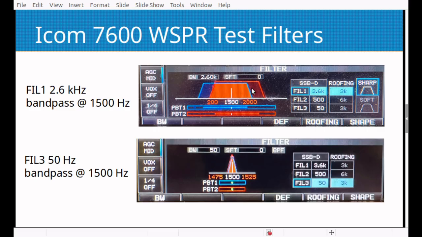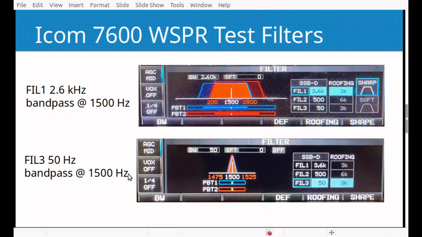So since we're working with an audio signal, we're going to use the 3 kilohertz filter. So 3 kilohertz is the roofing filter before the mixer, and then after the mixer, we're going to use digital signal processing filters. And we're able to build a 2.6 kilohertz filter for our F1 filter.